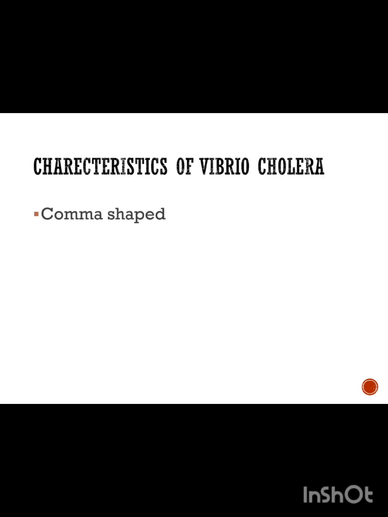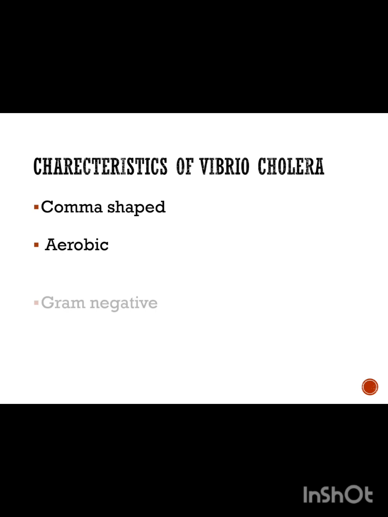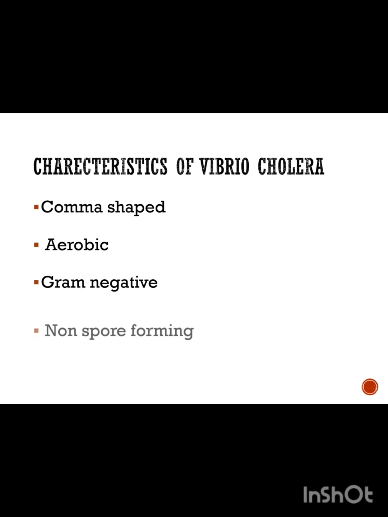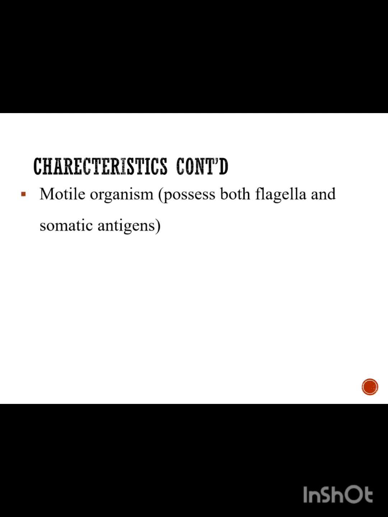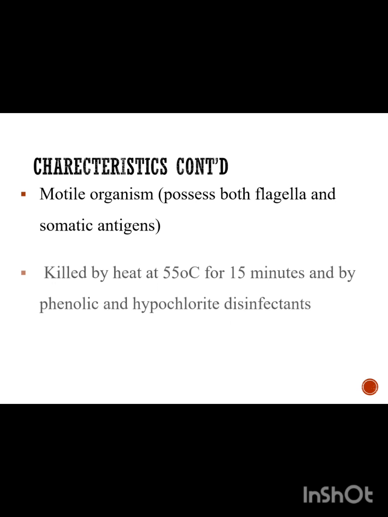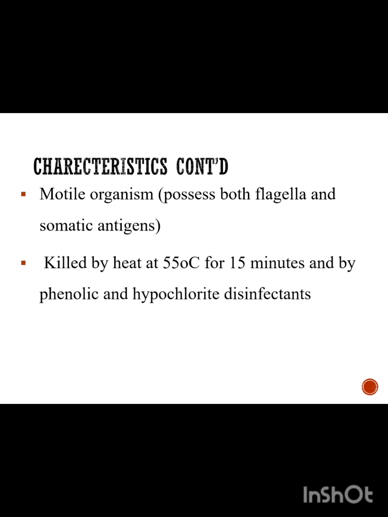Then characteristics of this Vibrio cholerae bacteria: it is comma shaped, aerobic, gram negative, non-spore forming bacteria. Then another characteristic: it is motile. It's able to move. It has a flagellum.